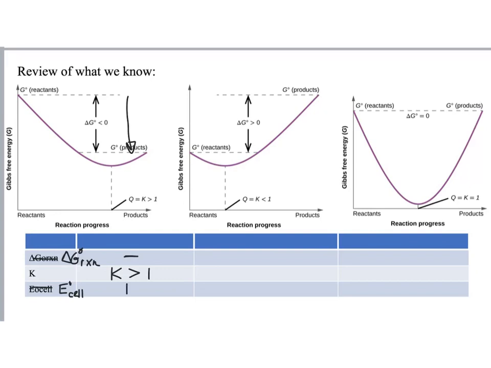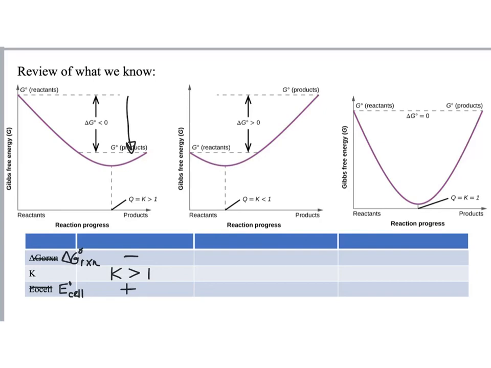So this would be a process that has a standard cell potential that's positive. Well, this should match what you already know. A positive cell potential means that you've got a redox reaction that's going to move in the forward direction. That's going to be spontaneous in the forward direction. So all three of those things would mean spontaneous in the forward direction. Negative delta G of reaction, K bigger than 1, and E cell that's positive.